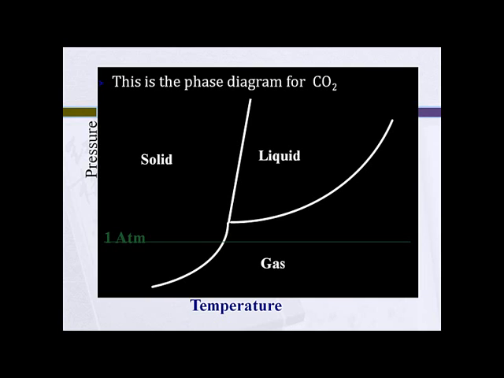The same system would apply, but notice that 1 atmosphere happens to cross the line at the solid to gas interface. And so by raising the temperature at room temperature, carbon dioxide sublimes, which is why it's called dry ice, because at normal pressures it never becomes a liquid. You actually have to raise the pressure to about 5.1 atmospheres before it could become a liquid. And those are phase diagrams.